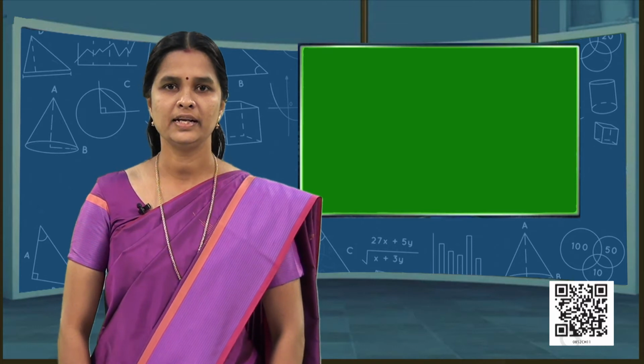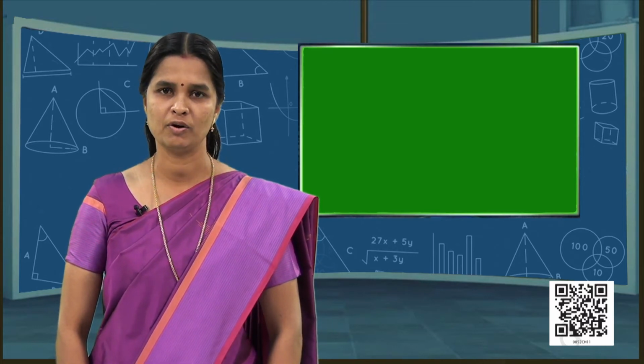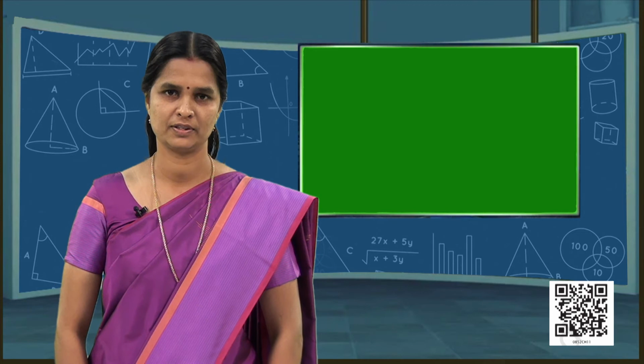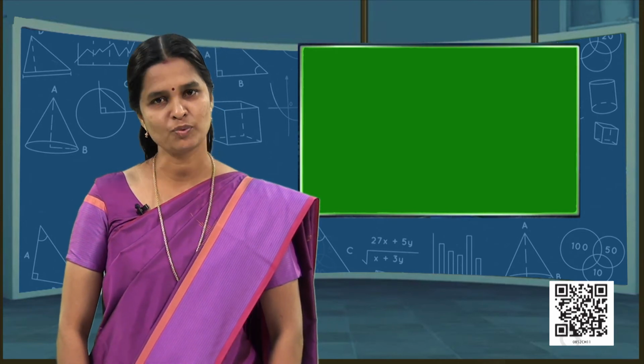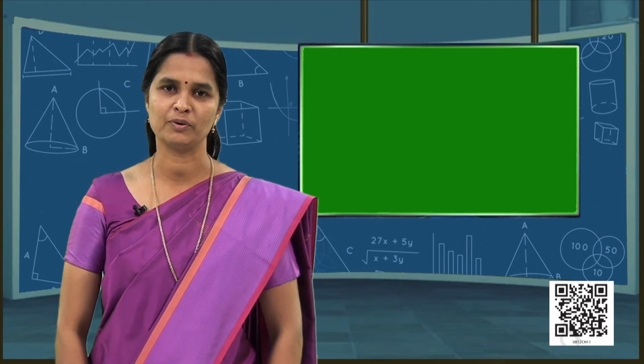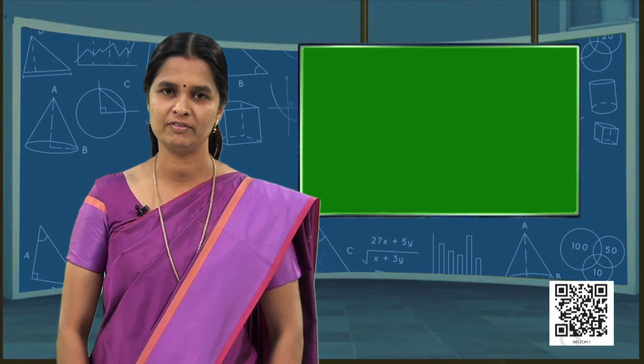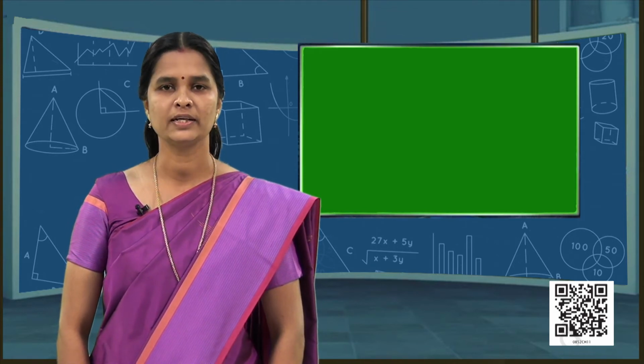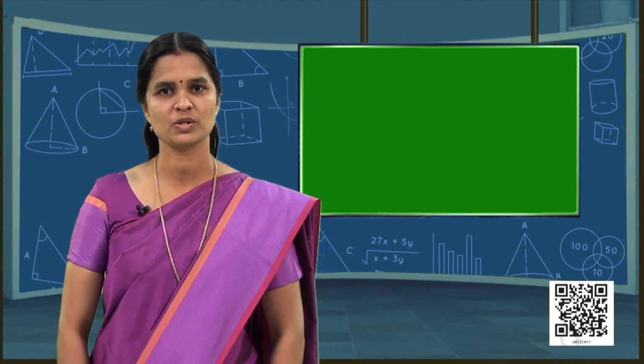Today, let us try to find out the area of some more shapes. Come on, let us watch this video to find out how two students have arrived at the formulae for the area of various quadrilaterals.